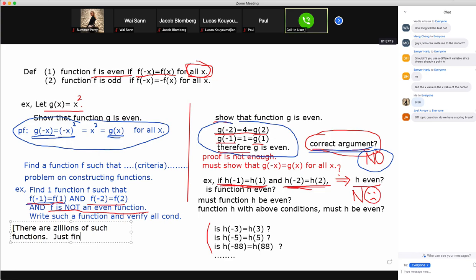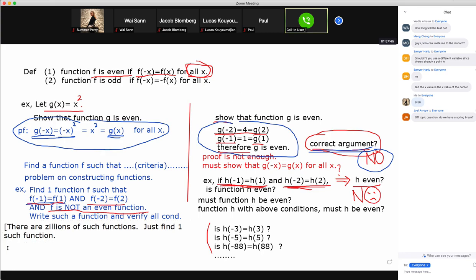Just find one such function. That's all you need. In this case, I'm not asking you to find all such functions. There are zillions of functions out there. Zillion meaning a very large number, okay? So, millions of functions. So just find one function. That's all I'm asking. So what function would satisfy that?